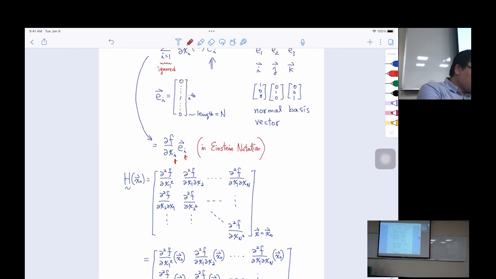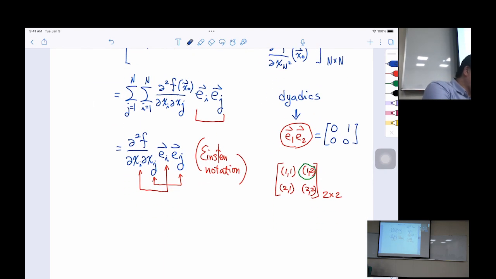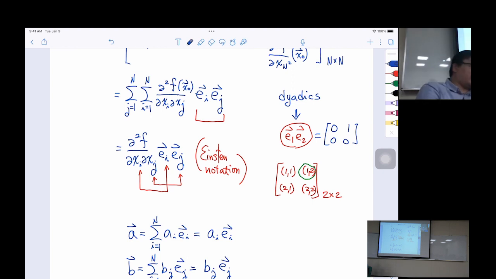So there's something about the dot product. If you understand what's going on, a could be written as the summation of ai ei, i from 1 to n, and it can be written as ai ei. b could be written as bj ej, and j can go from 1 to n as well. Then it can be shortened as bj ej.